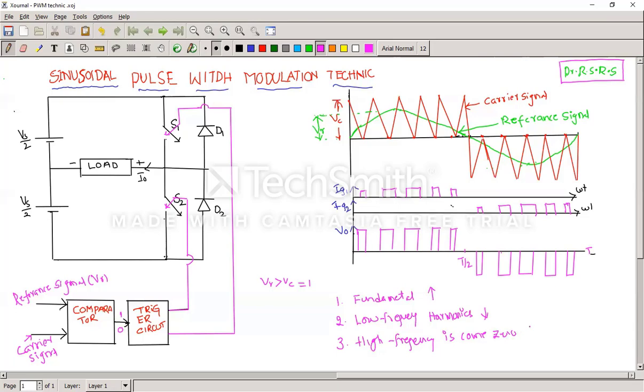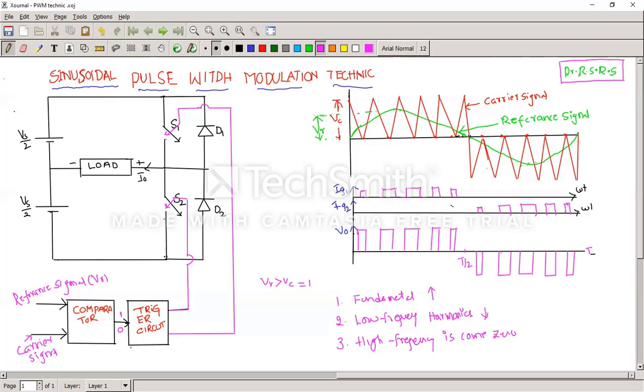Almost that magnitude will be decreased. We can neglect that high frequency component. Generally, we are using the sinusoidal pulse width modulation. This is a well-known technique to control the output voltage of an inverter.